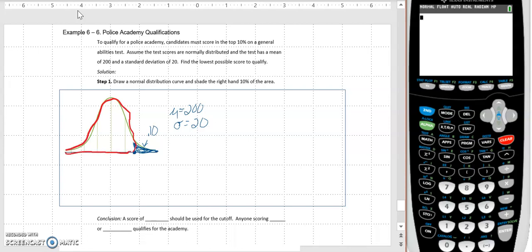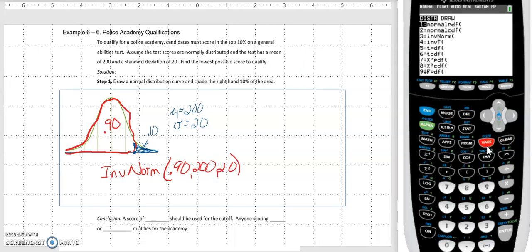So if this is 10%, this area over here has got to be 90% because it's got to add up to 1. So our command is inverse norm, area to the left, which is 90%, our mean of 200, and standard deviation of 20. And just typing that into our calculator.